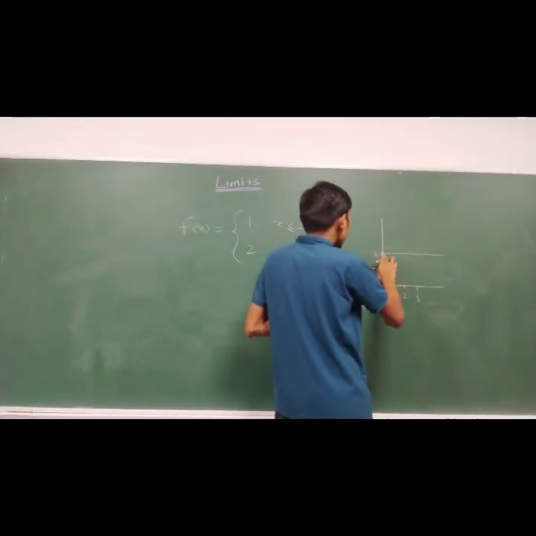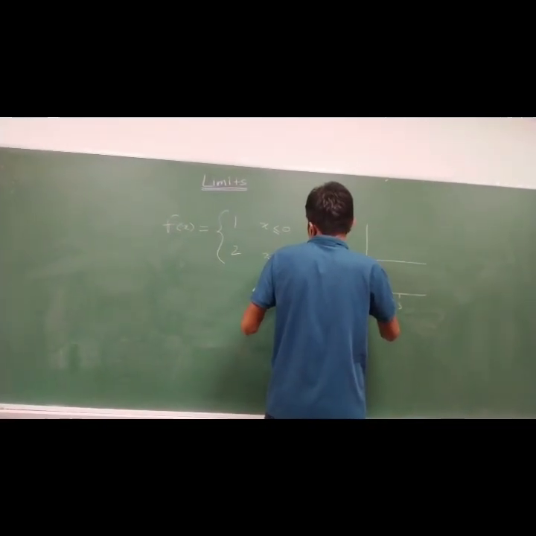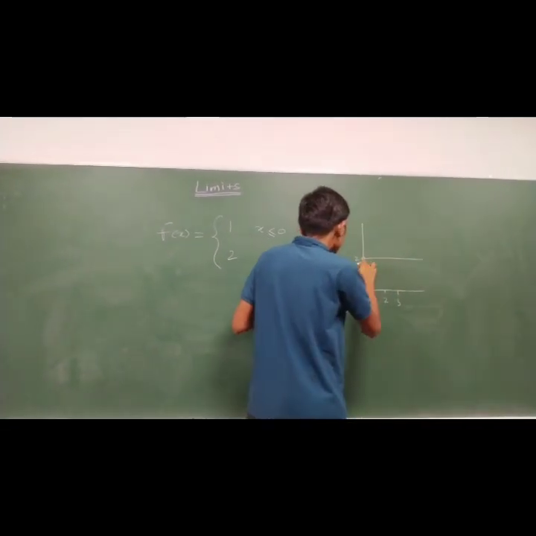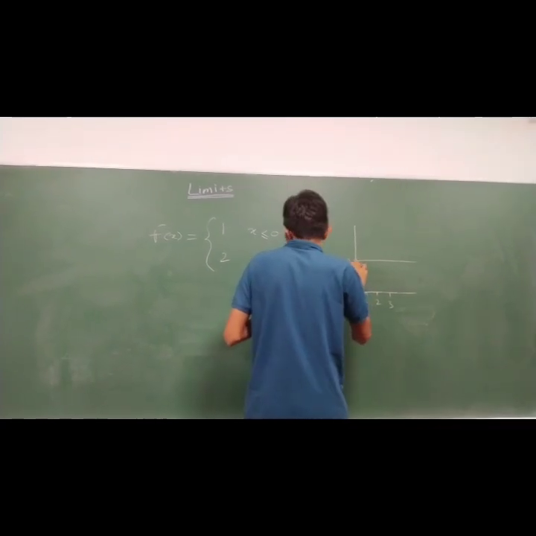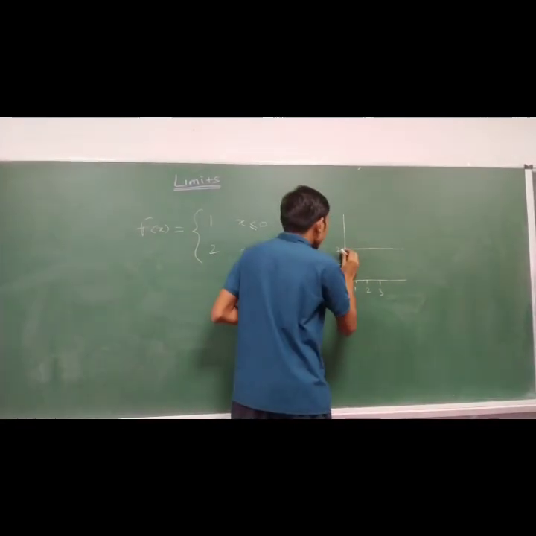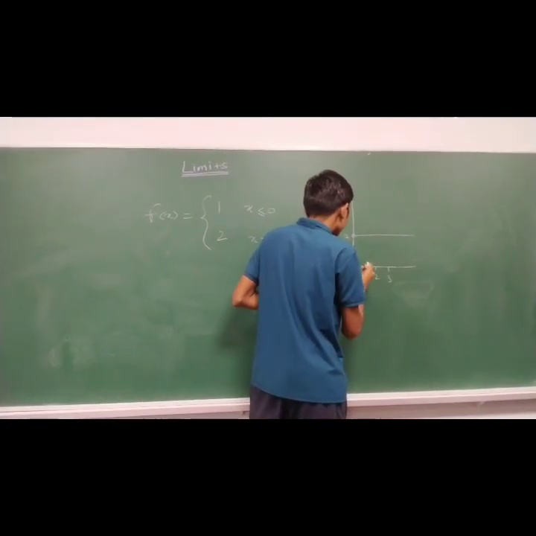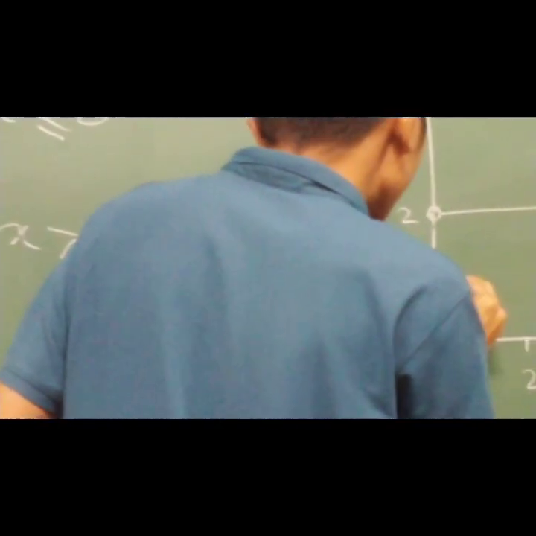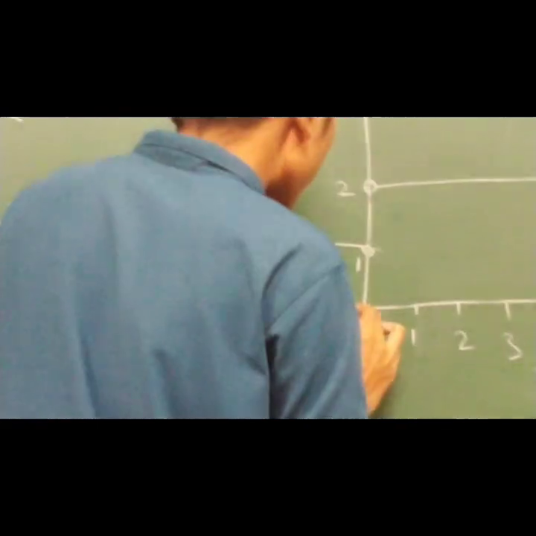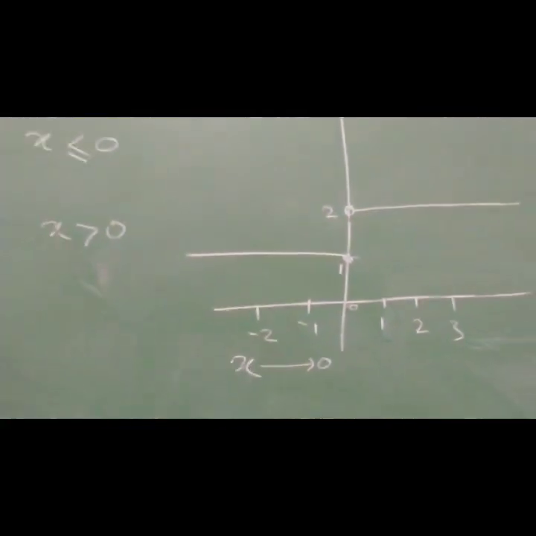You have to be careful here. At x equal to 0, an open circle is there, that means 2 is not included for x equal to 0, and 1 is included for x equal to 0. So this is the function.